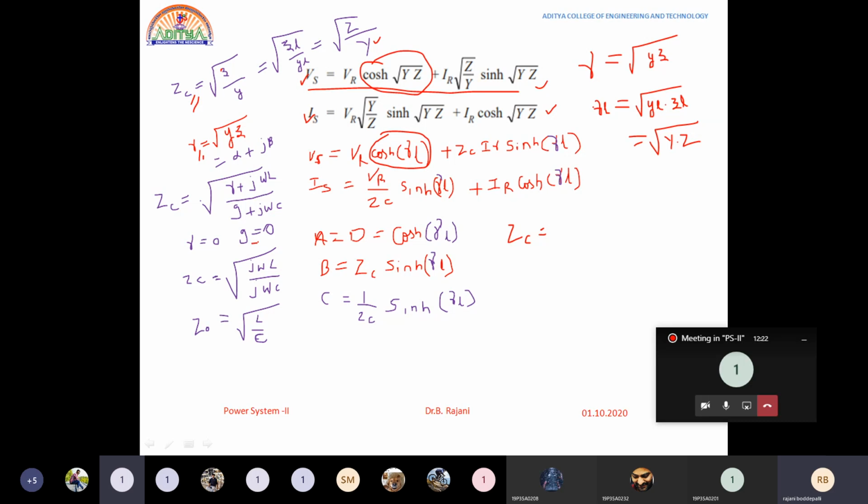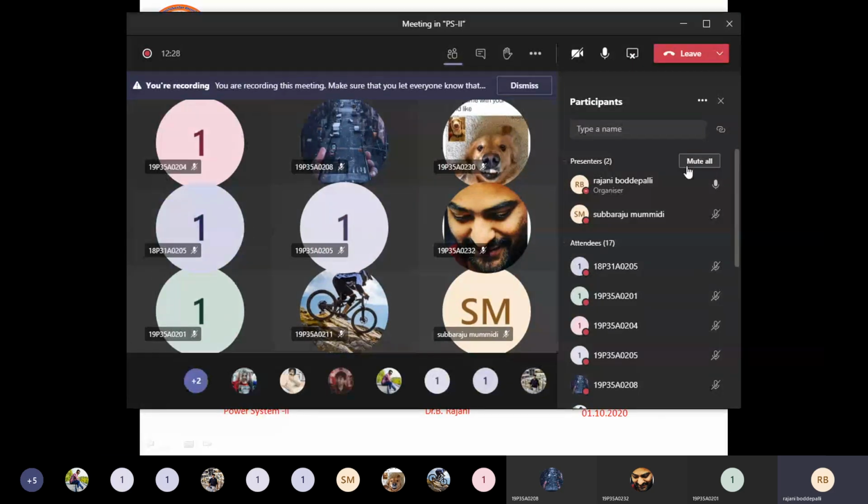That is, the resistance becomes 0 and the conductance becomes 0.